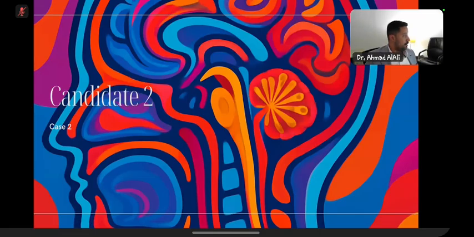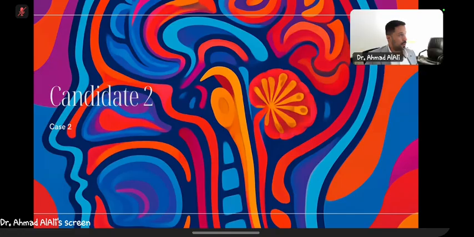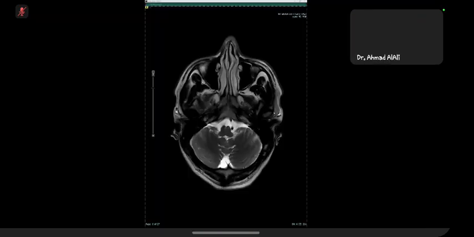I will start with the T2 images with you. You can see the images now, correct? Yes. Please go through them and tell me your findings.